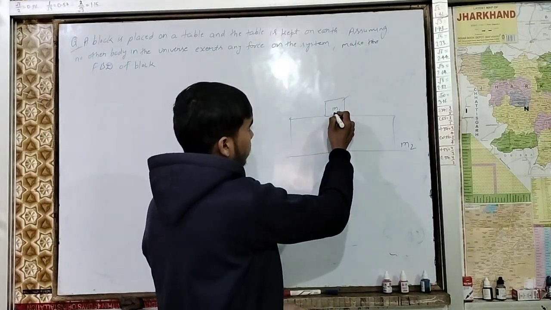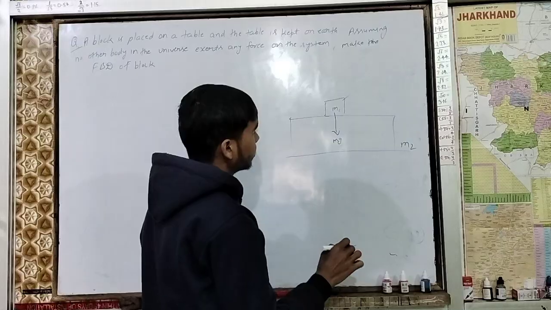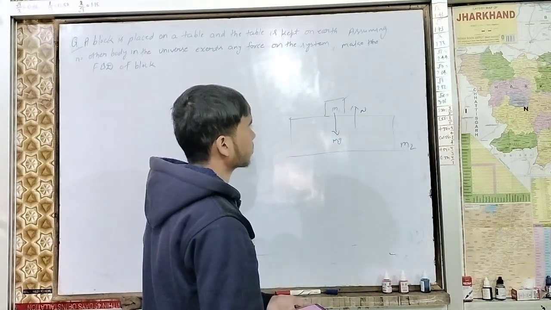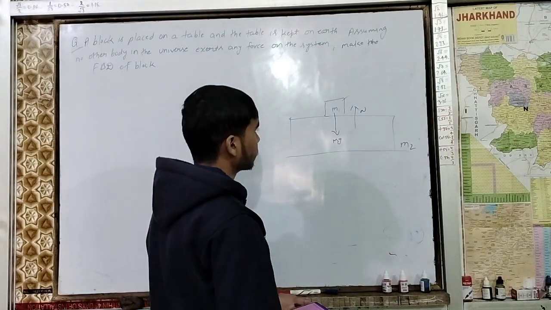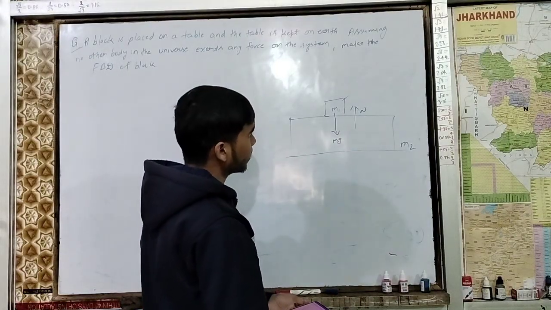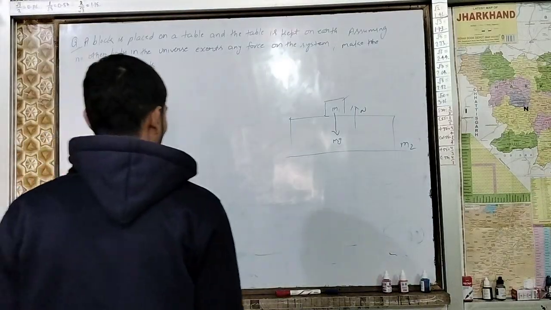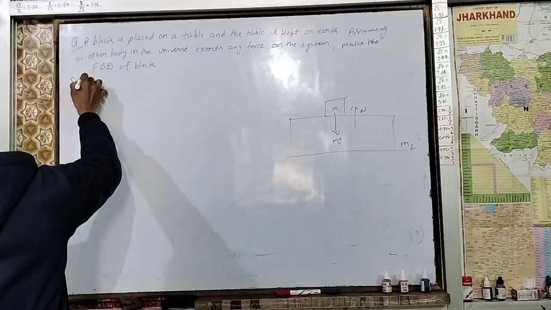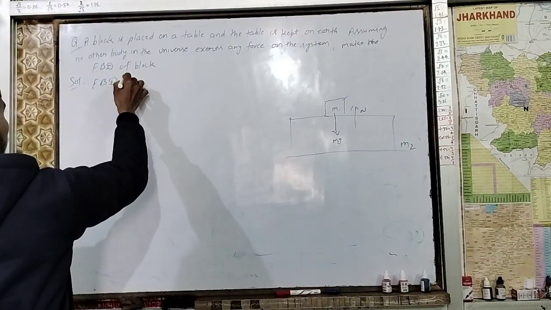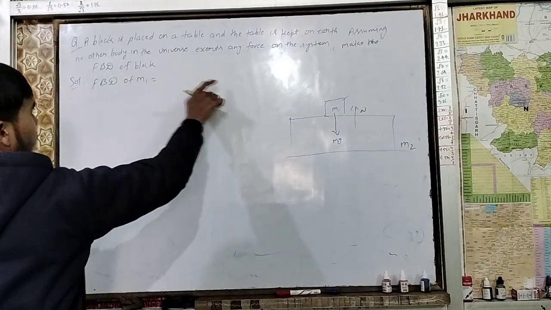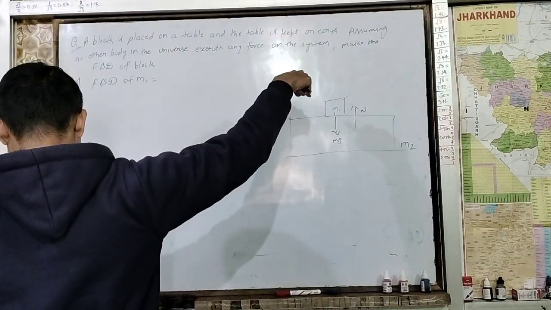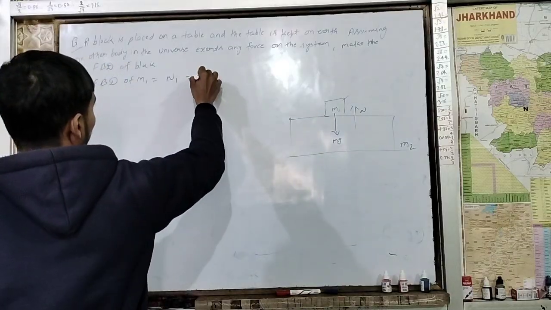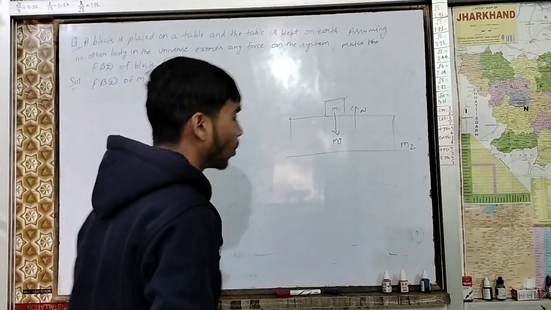One thing you are crystal clear about: there is mg. Another will be N, an upward force, perpendicular to the object. What else? The FBD of m1 will be nothing but mg and N. The normal force will be equal to the mg force. Why?